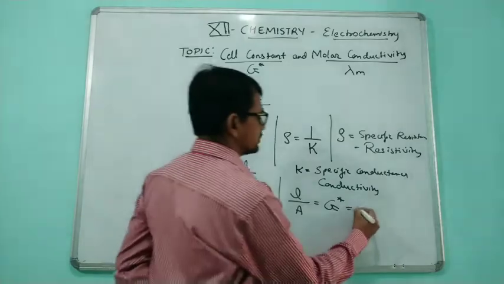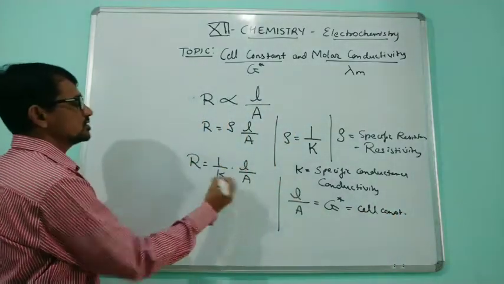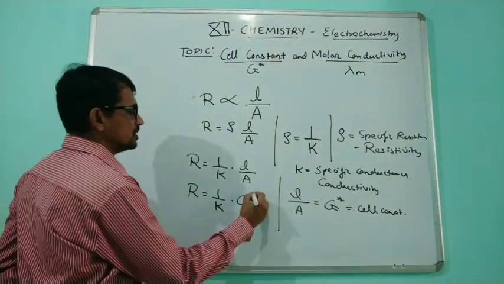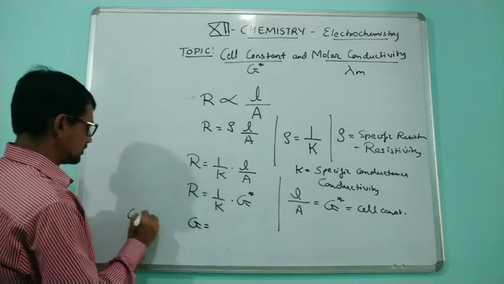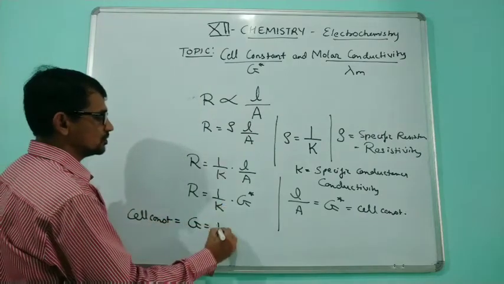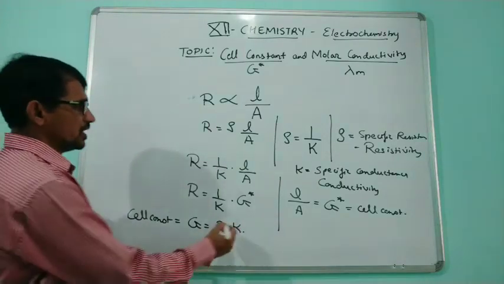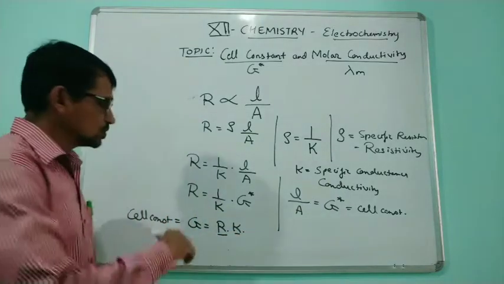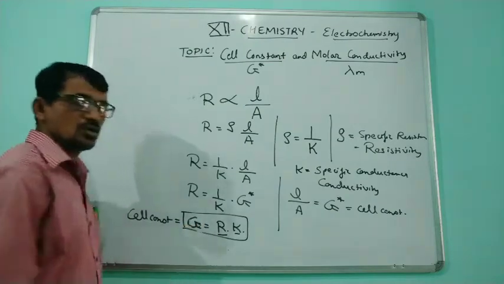So we write R equals 1 by K into G star. Therefore the cell constant G is equal to R into K, that is, conductivity times resistance. In this way you can find the cell constant.